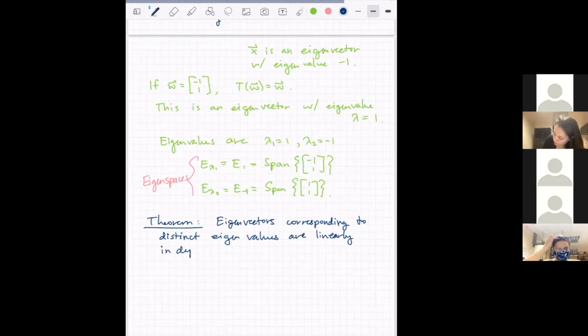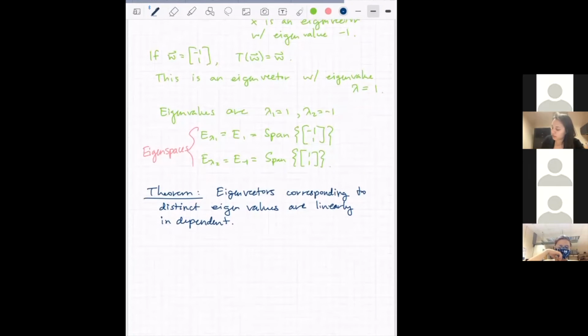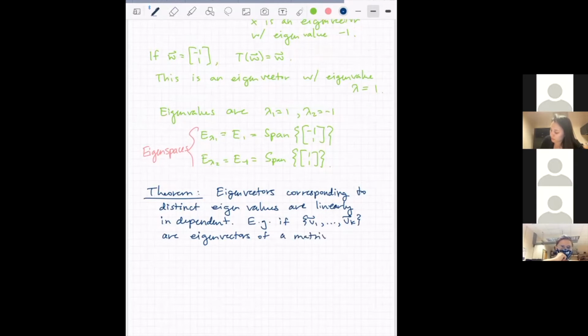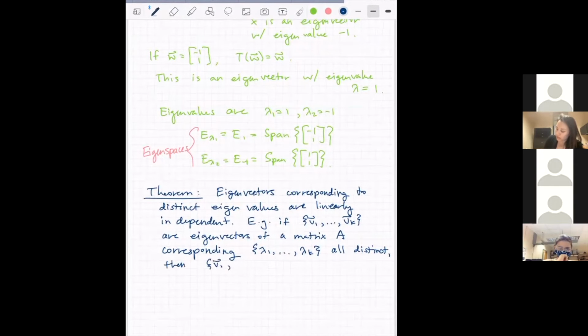That's just the plain way of saying that, but if you want to be more specific, this means that if you have a collection of eigenvectors of a matrix A, and these correspond to eigenvalues lambda 1 up to lambda k, which are all distinct, so none of them are equal, then this collection of eigenvectors is linearly independent.